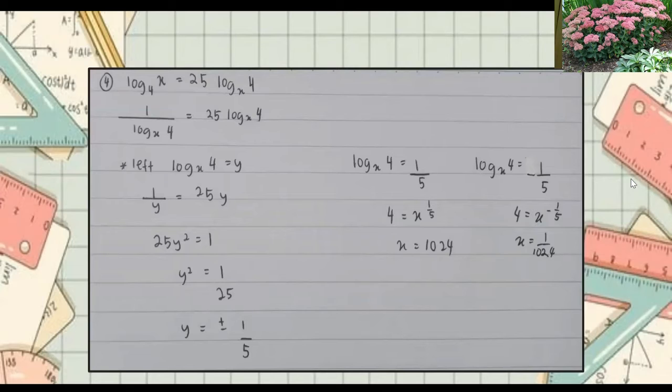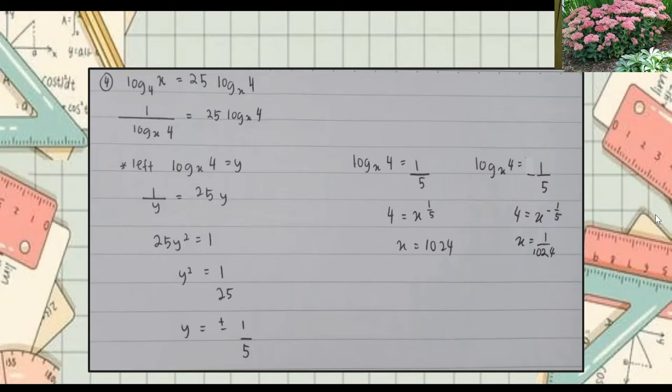The question is log 4x equal to 25 log x4. We change the log to 1 over log x4 equal to 25 log x4. We'll let the log x4 equal to y.